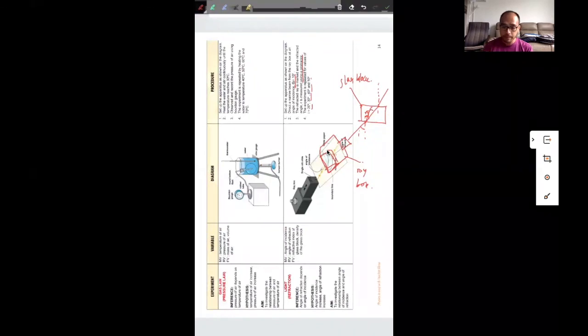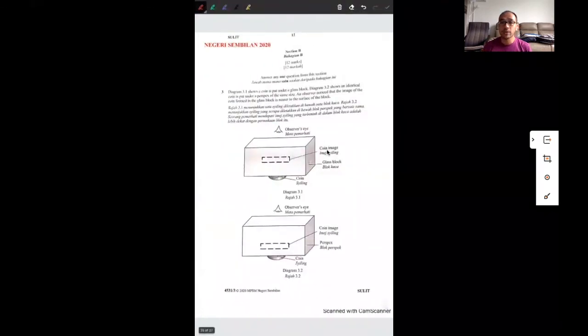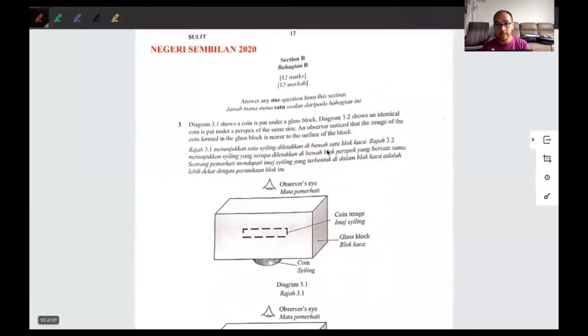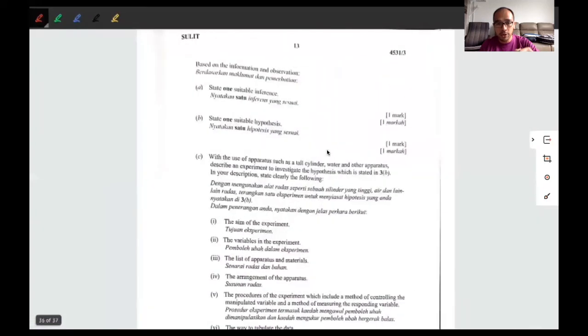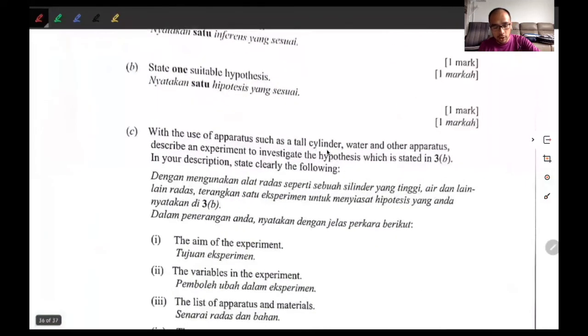Okay. I want to come to this last question. This is also reflection. Except that this is an experiment that we have not done before lah. It does not involve ray box. You know why? Because if you take a look at the alat kan, Negeri 9, paper 3, look at the alat, tall cylinder, water.